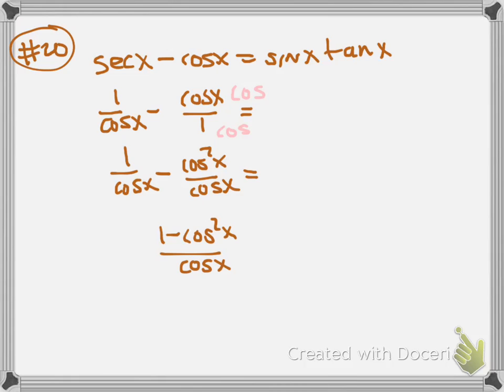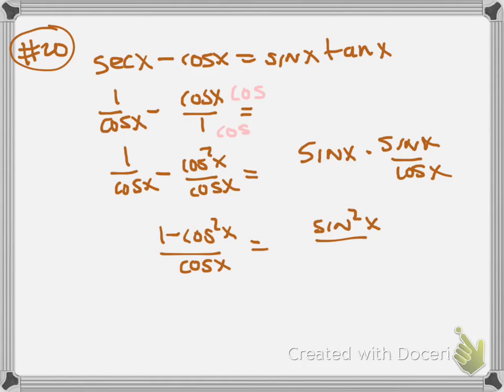I'm not quite sure how close I am, but if I look on the other side, I can write that as the sine of x on top times sine of x over cosine of x. So I have sine squared of x divided by cosine of x, and I know with my Pythagorean identities those are equivalent to each other. So we got it.